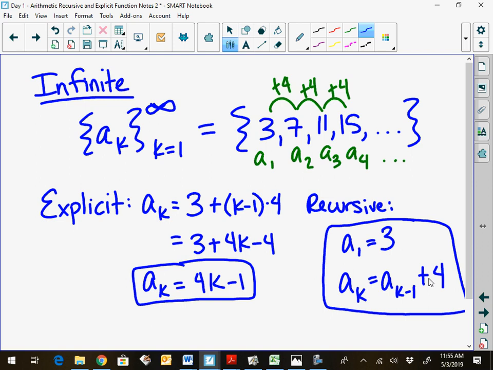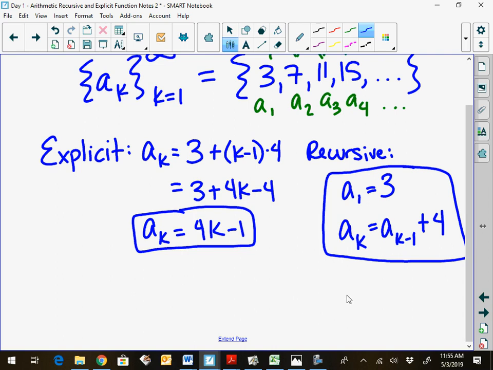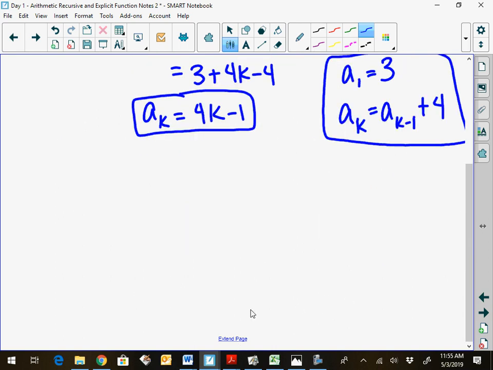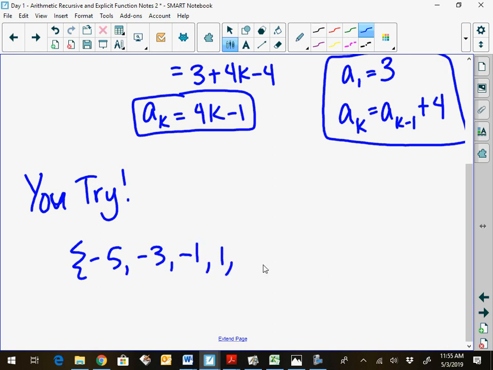All right, so there are a couple that you could try with this. Here are some sequences, and I want you to try to write the explicit and the recursive. Okay, so if we have this, we have -5, -3, -1, 1.